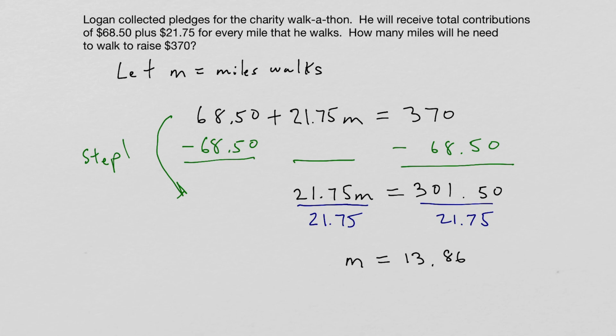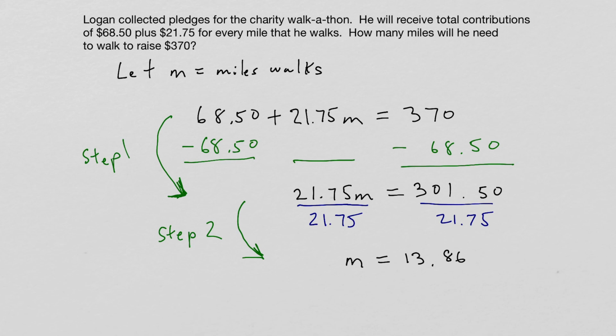Okay, I used the calculator to get that number, $301.50 divided by $21.75. So this becomes our step 2, from here to here.